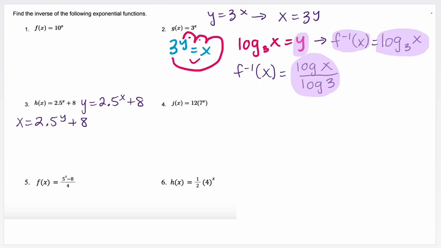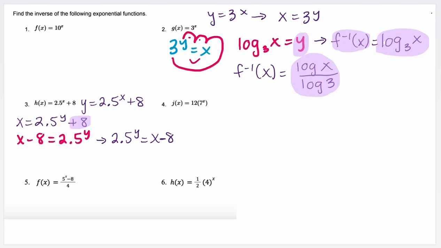Now, I need to get the exponential by itself. So I'm going to move the 8 to the other side, and I'll do that by subtracting. So I'll end up with x minus 8 equals 2.5 to the y. And then I'm going to flip it around and rewrite it with the exponential on the left. So I'll have 2.5 to the y equals x minus 8.